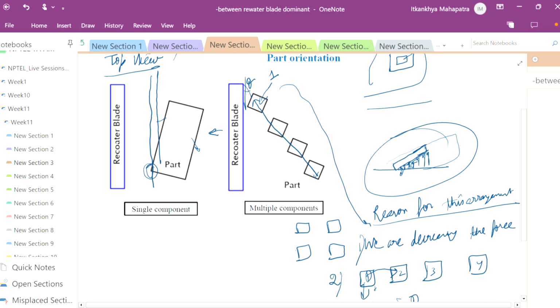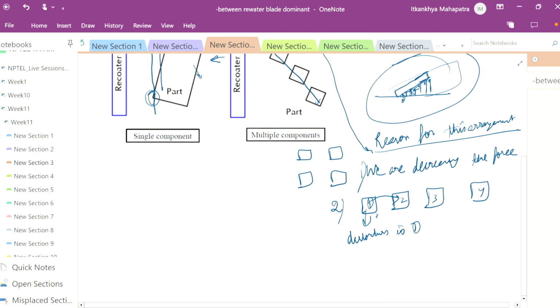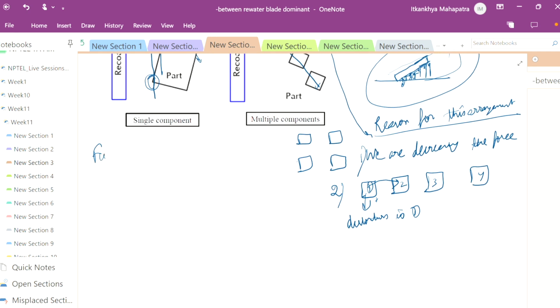Now, what is the function of the recoater blade? Whenever there is a contact between the part and the recoater blade, the process will stop automatically. Suppose there is some distortion in your component, it will stop. As we know, the cost of printing is very high.